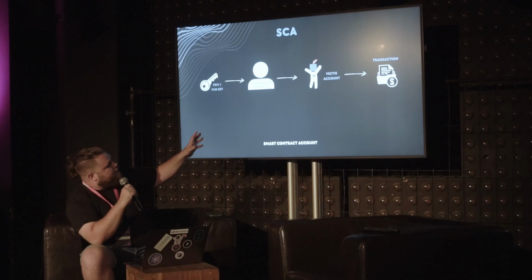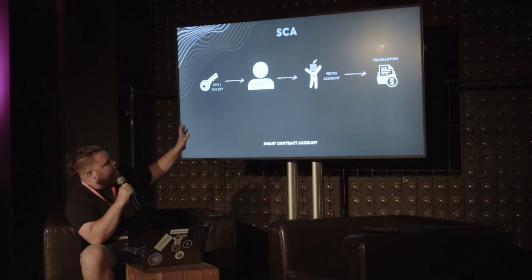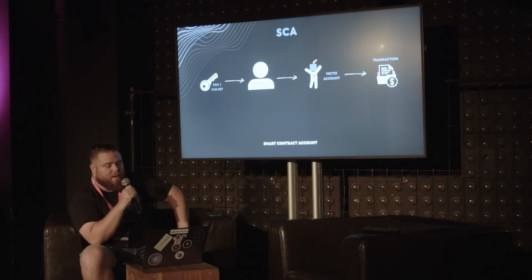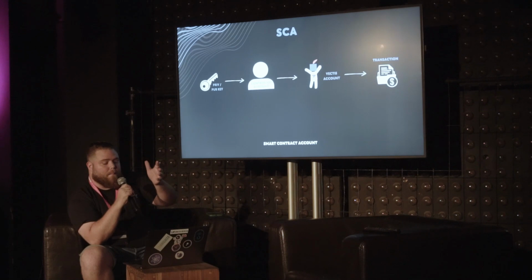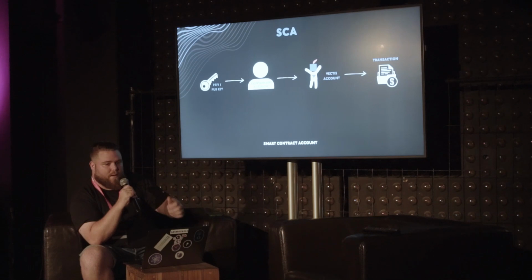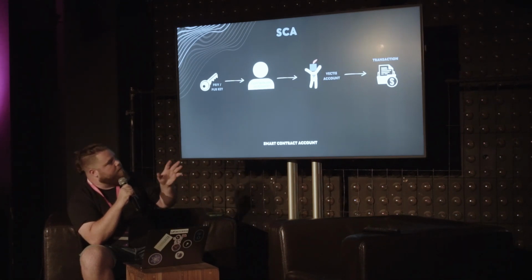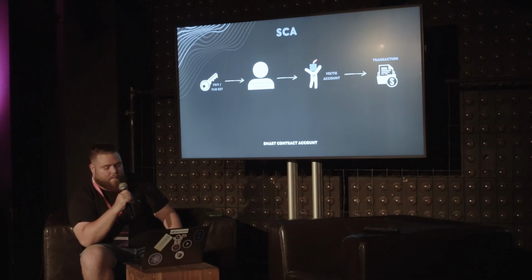The controller account is like the standalone account. It has a private key and public key. It signs the transaction to the blockchain, so the Vectis account verifies the transaction is valid and propagates the transaction through the Vectis account. That is the flow of a smart contract account.